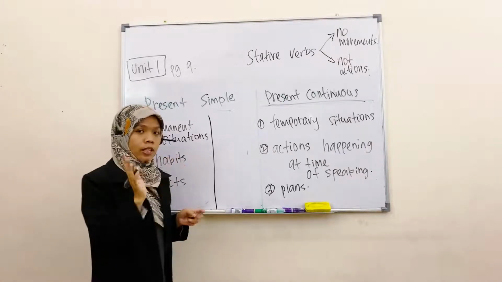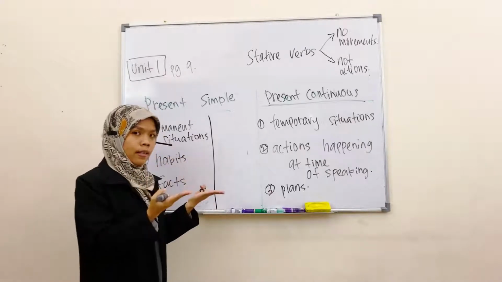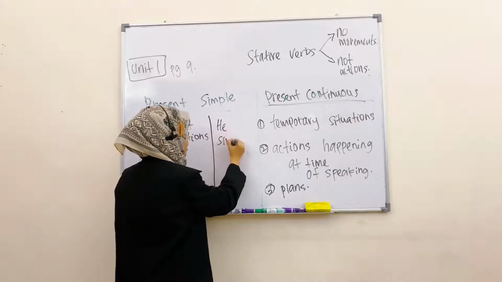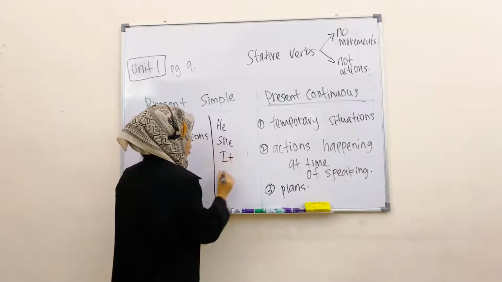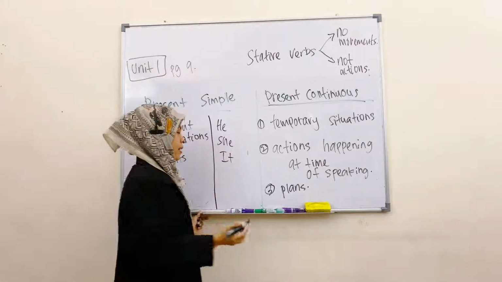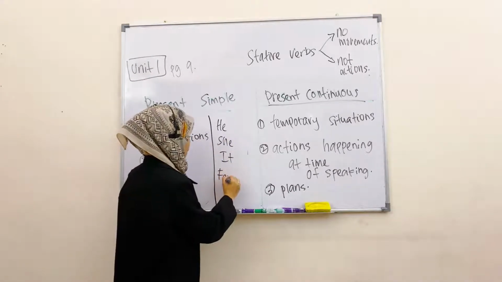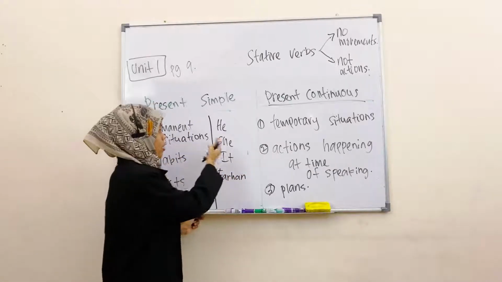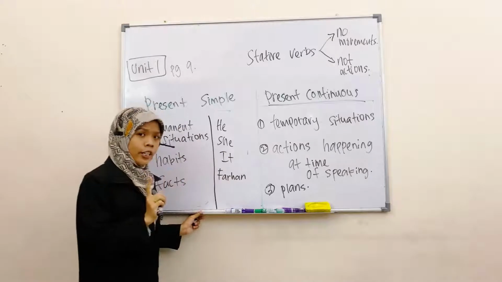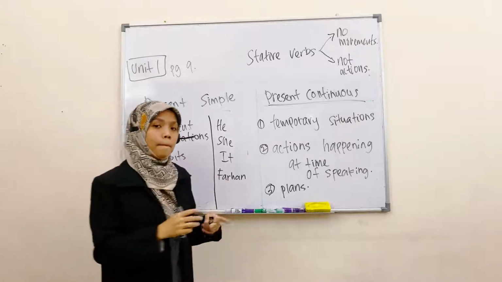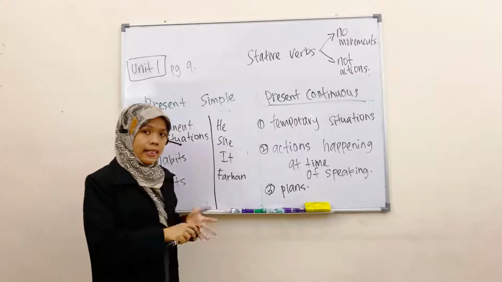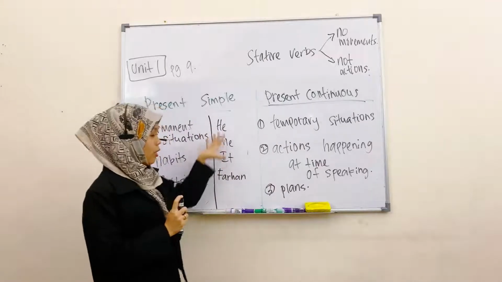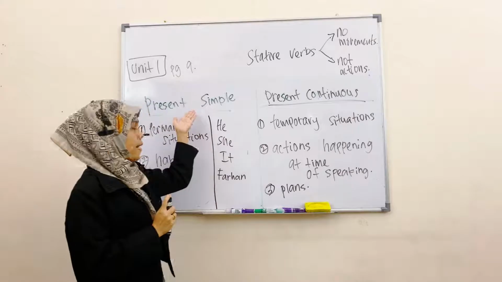The group where you need to put S is usually he, she, it, or you can name the person, for example Farhan. This one is singular. So for actions where we want to put S, make sure the subject is a singular subject. This is the formation for present simple.